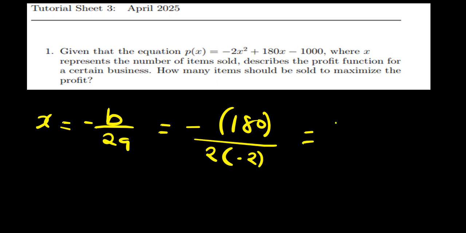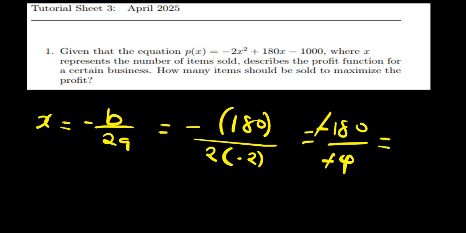Then you're going to say 180 divided by 2 multiplied by negative 2, that is just negative 4. The negative and the negative will cancel.